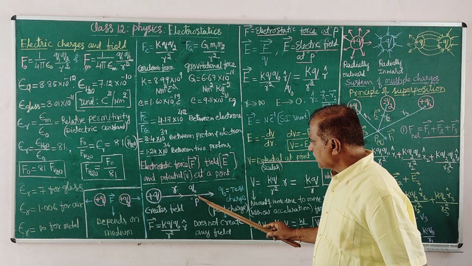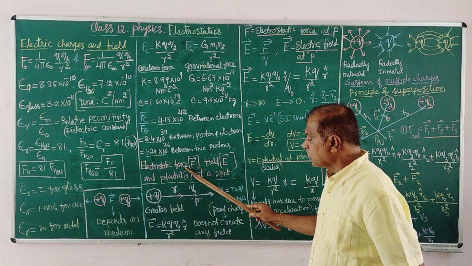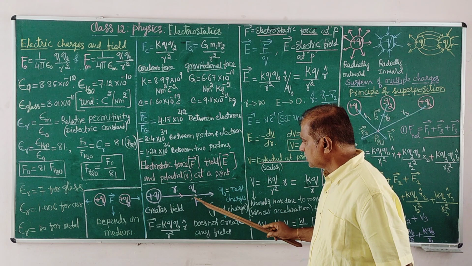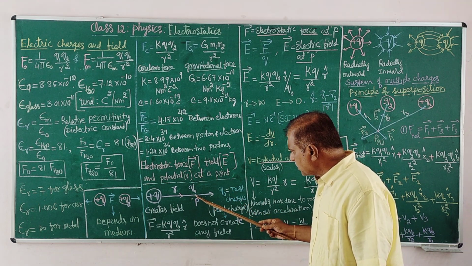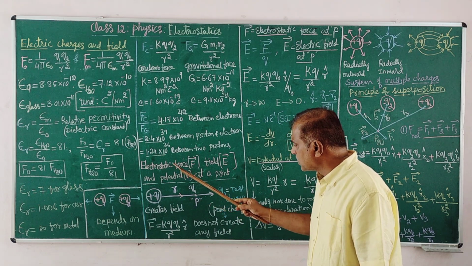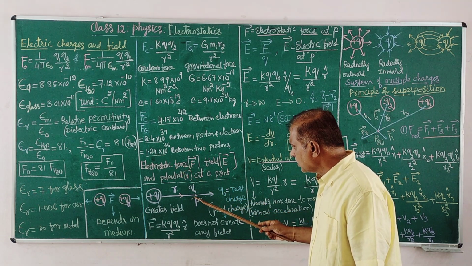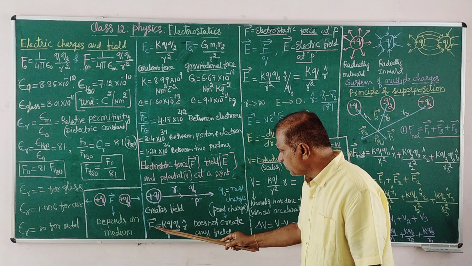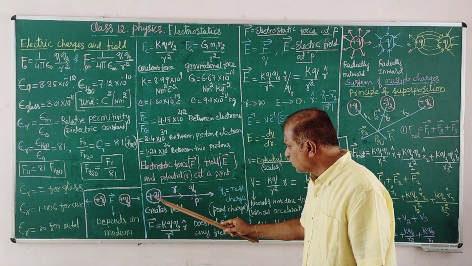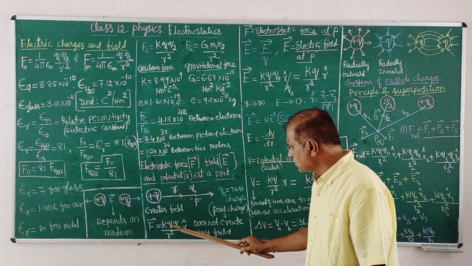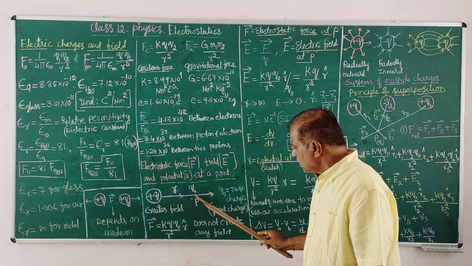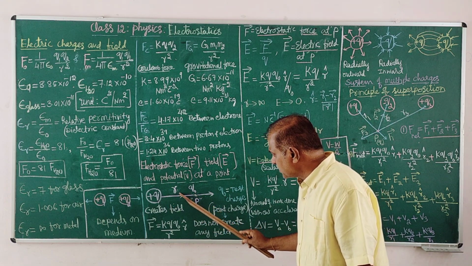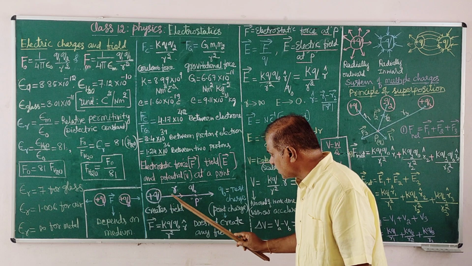At this point, let us calculate the force using Coulomb's law. That is easy. The electrostatic force at this point is given by F equals K into the charges divided by R square, where R is the distance of separation between the center of the charge and this point.